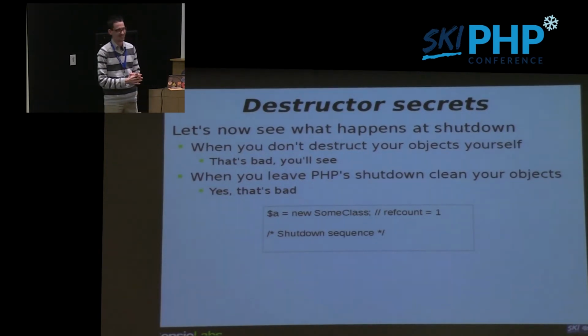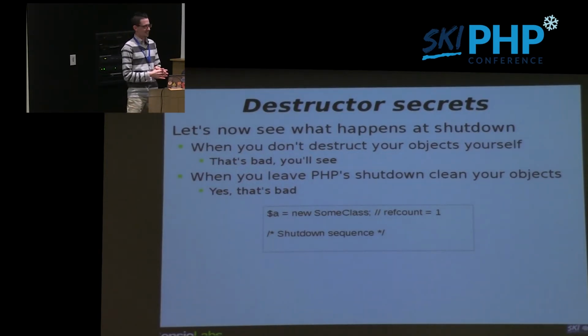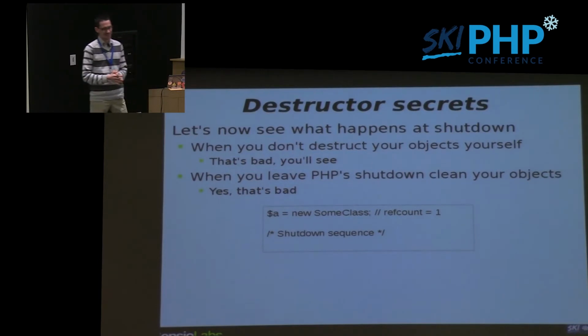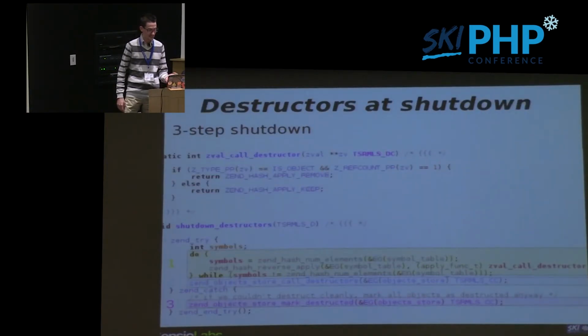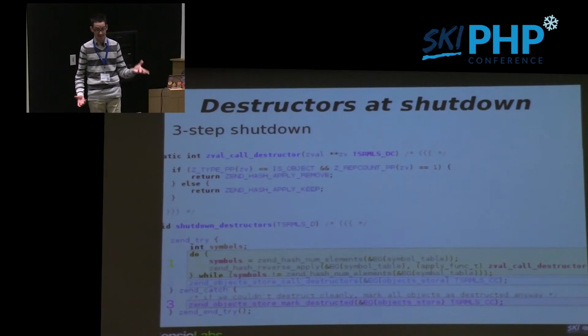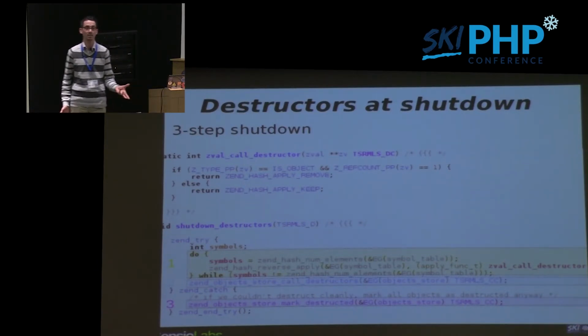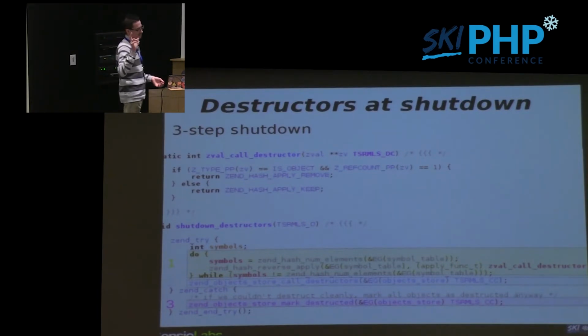Okay, so do not let PHP destroy your objects. That's quite hard to do nowadays because we use too many objects, but let's see how PHP does. The cleanup sequence is clearly written in the source code, which is accessible to everybody. It's done in 3 main steps, okay, which I underlined here.